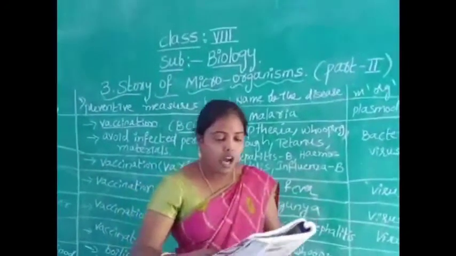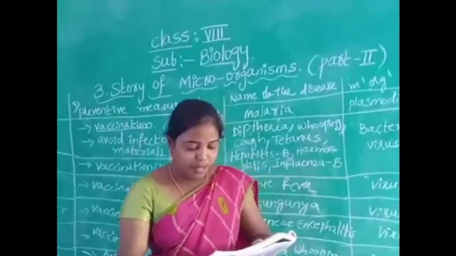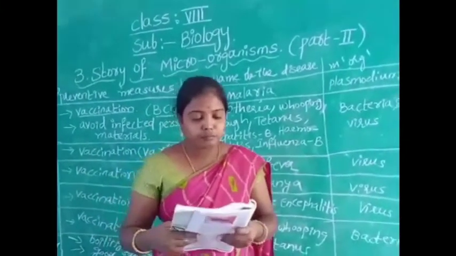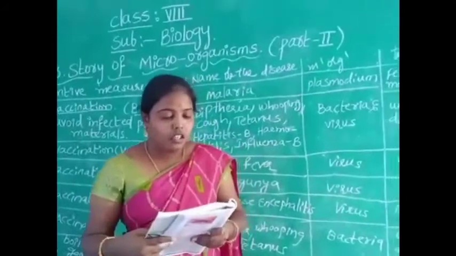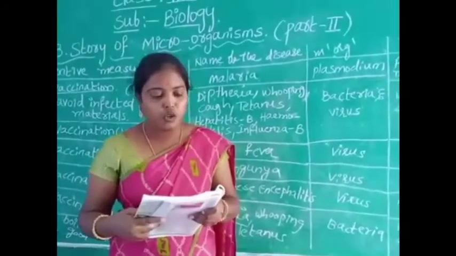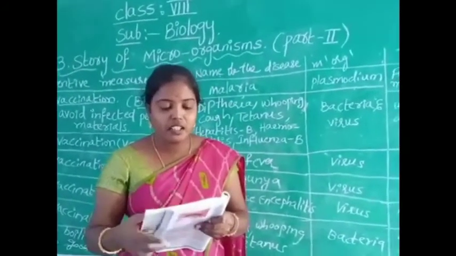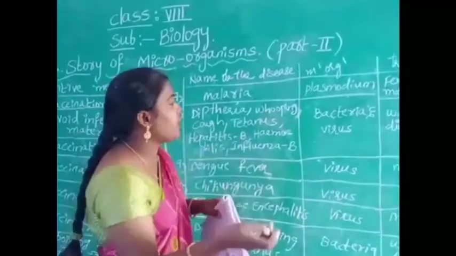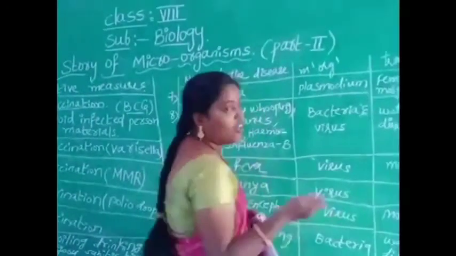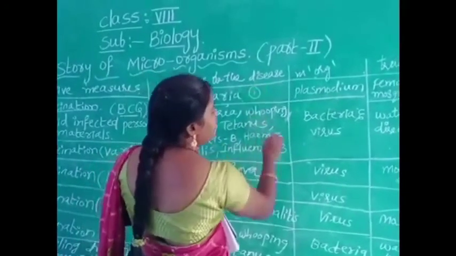Okay, children, do you understand table 1? Now, see page number 45. First question: what diseases can be prevented if we control mosquitoes? First one, malaria.